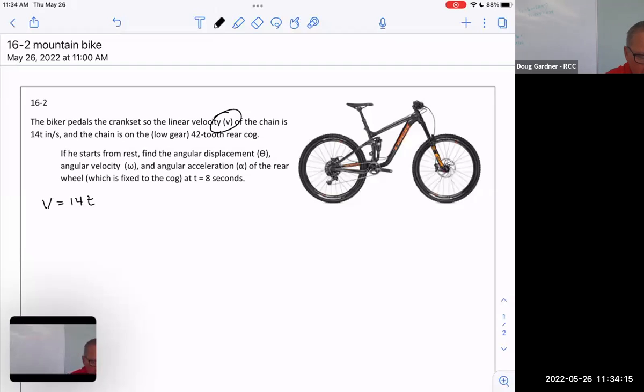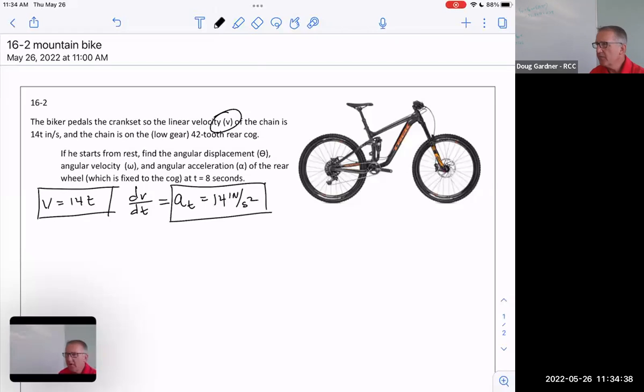Does it make sense that I could take the derivative of that? The change of velocity over time is tangential acceleration. The derivative of 14t is just 14. And so that makes sense. As I just said a second ago, at 1 second, you're going 14.